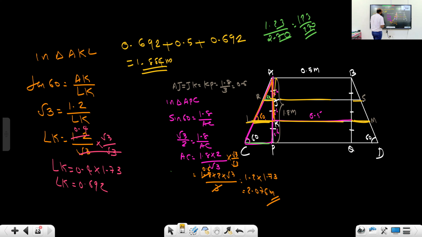How much did you get RJ? 0.346. Is it? So step RS is 0.346 plus 0.5 plus 0.346.